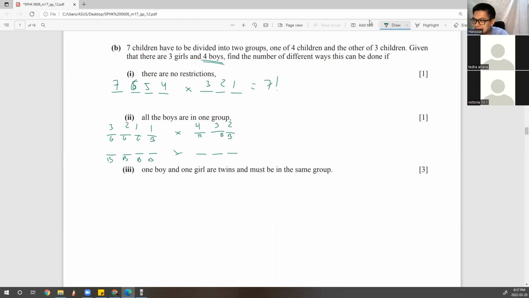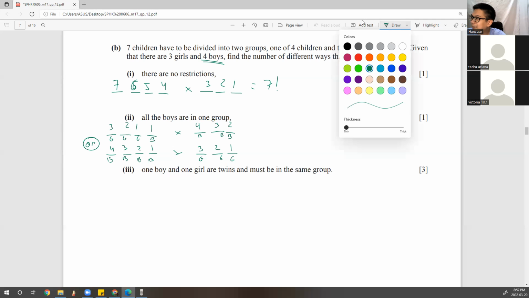How about this? Girl, girl, girl. So 4, 3, 2, 1, girl, 3, 2, 1. Pay attention. This can be written this way or this way. So boys in the second group here, or boys in the first group, consists of 4 boys total, right?